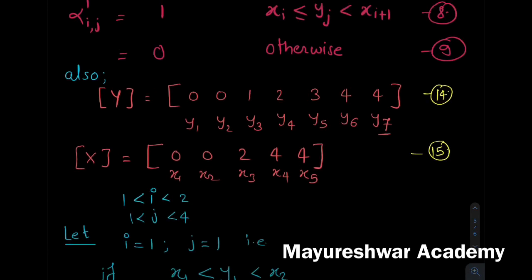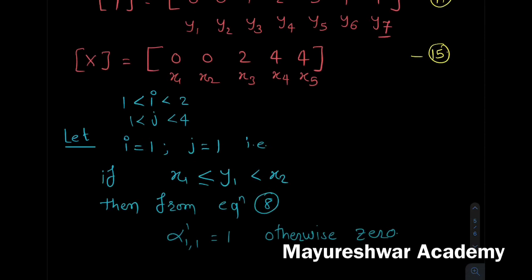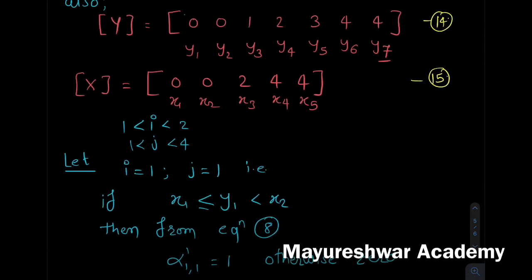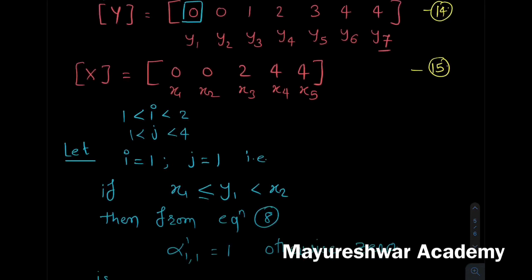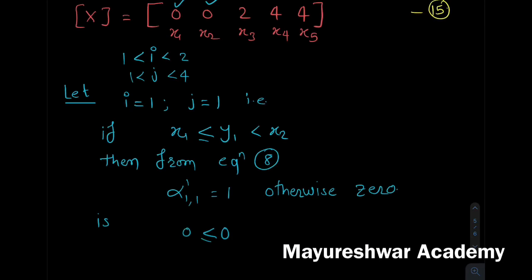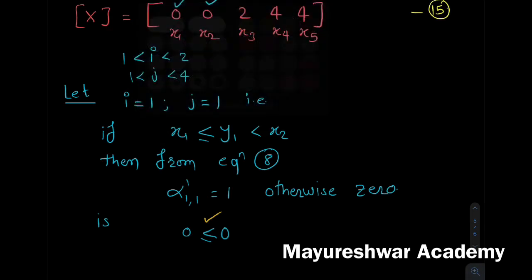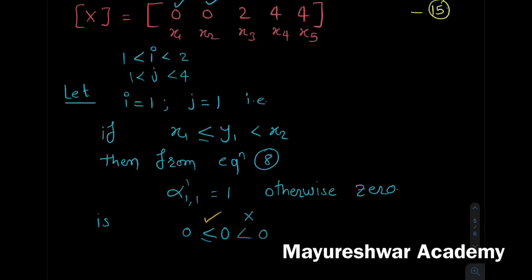So for the current case, the value of y1 is 0, and it is to be compared with x1 and x2. It has to be greater than or equal to this 0, and also less than this 0.